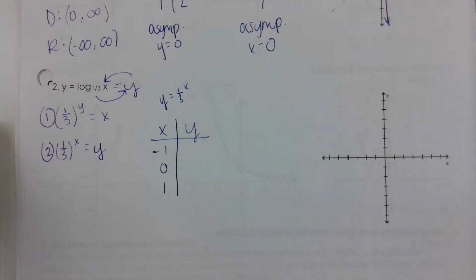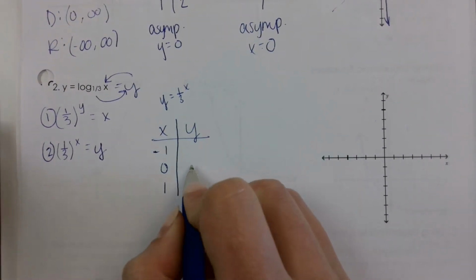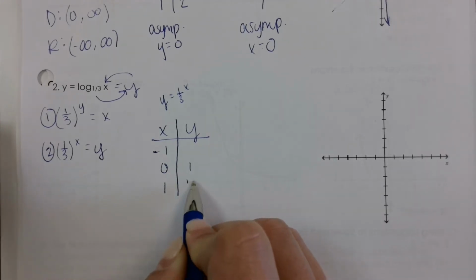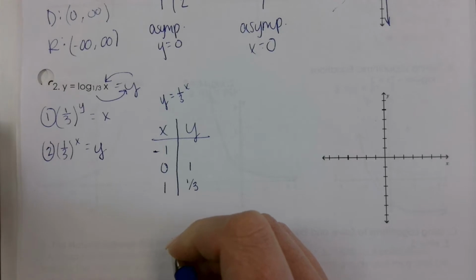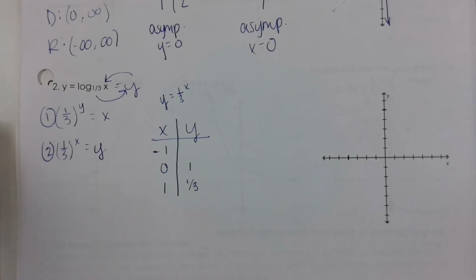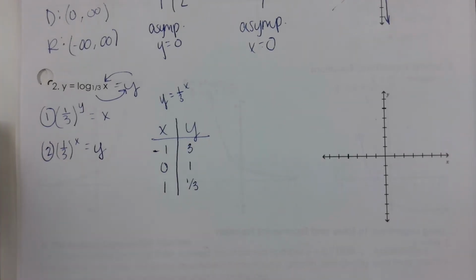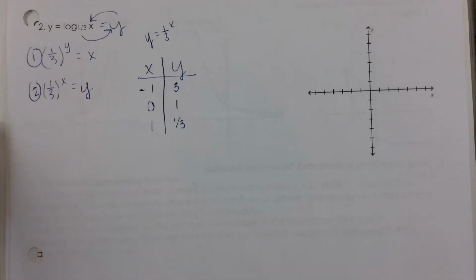Okay, so we need to make a table of values for this so we can start graphing it. So we're going to have x and y. And again, we'll just do like 3 points because I think that's enough. So we can do -1, 0, and 1 again. Those are generally going to be the easiest, so I would use those. This is y equals 1/3 to the x. So when we plug in 0, what do we get? 1.